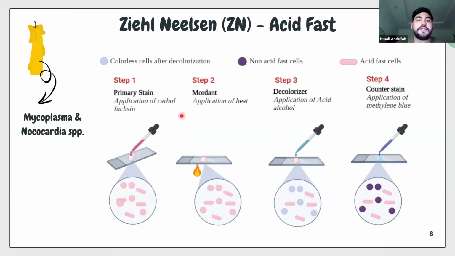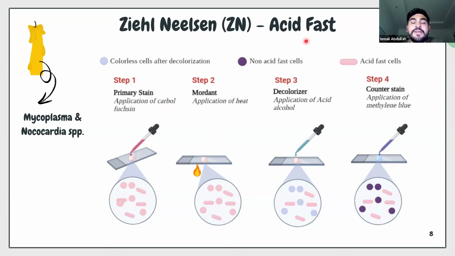So for these organisms, we use a specific stain called the Ziehl-Neelsen stain. And this is high yield. This usually pops up, if not in your OSPE, it's going to pop up in your MCQs. The only difference is that you add carbol fuchsin, and then you fixate it by heating it up, and then you decolorize and add a counterstain, as simple as that.